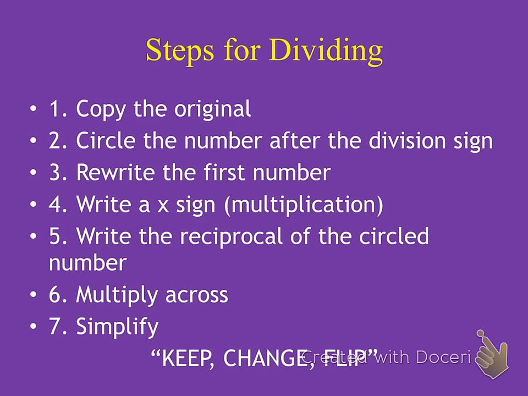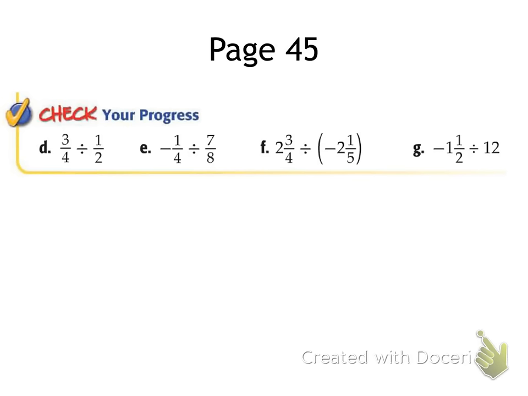And 7, simplify. So this right here, keep, change, flip. Very, very, very important for dividing fractions. Now you don't do that with multiplying, only with dividing. So let's look at some examples. We're going to use keep, change, flip to help work these.